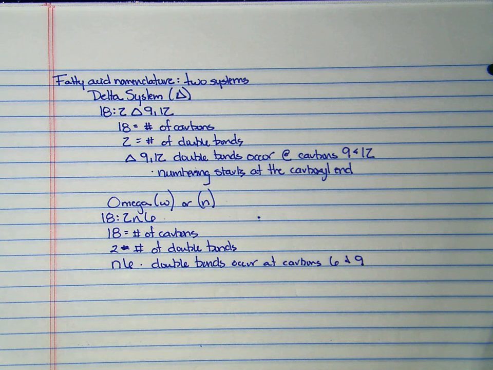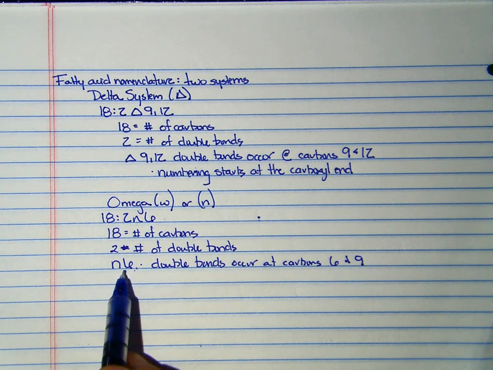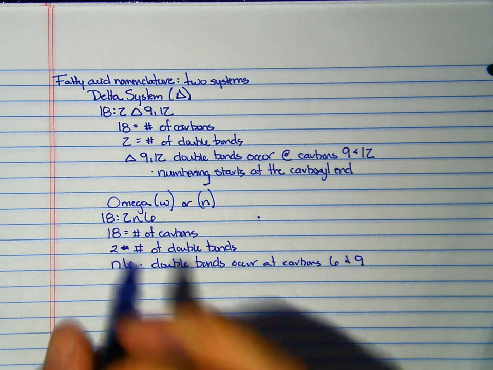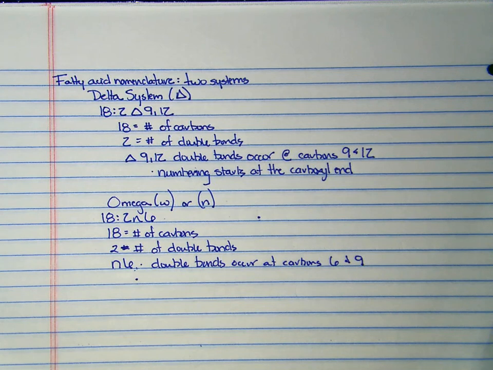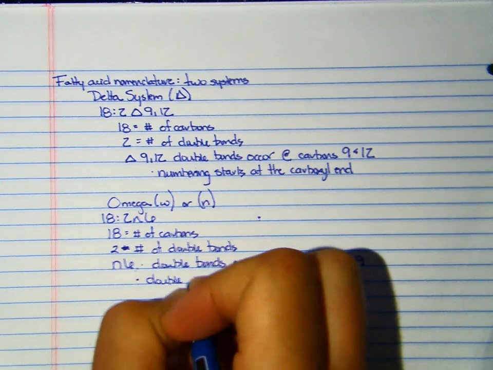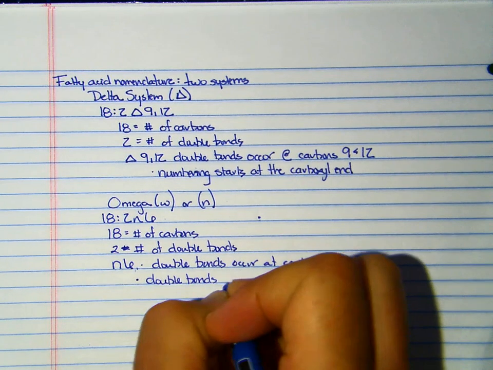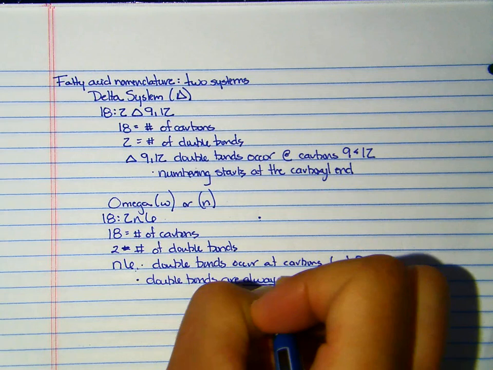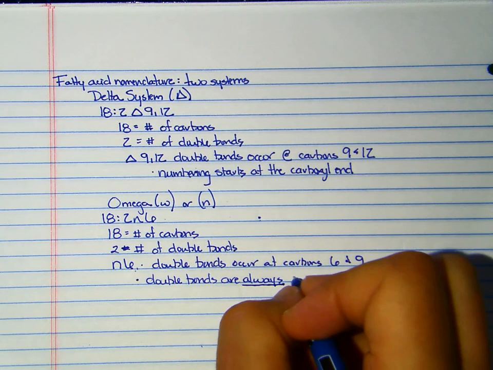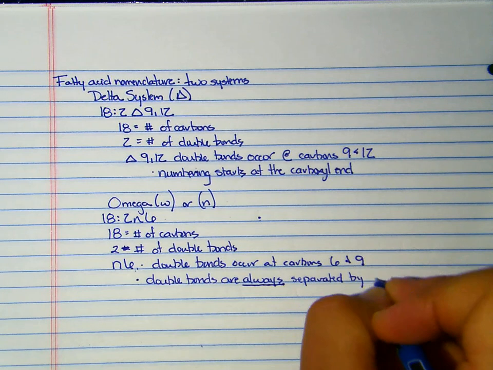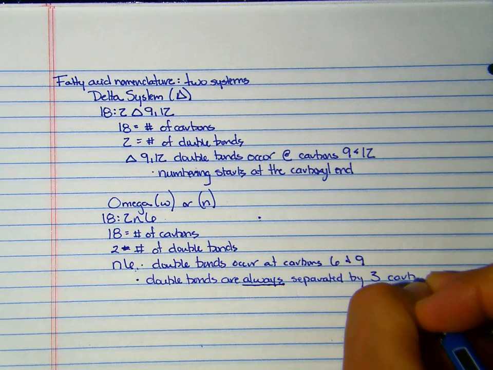And this is the most confusing thing about this, is we can get the 6, right? And you guys can see 6, so that makes sense. It starts at carbon number 6. The 9 is the hard part, but in this system, because this system is based on nutrition and nature, the double bonds are always separated by 3 carbons.